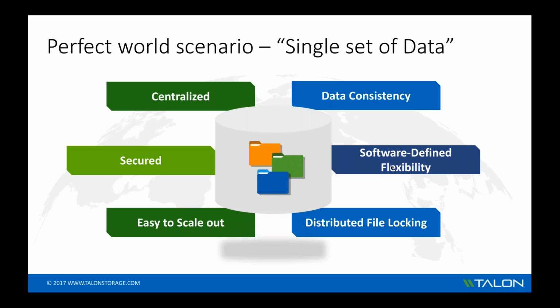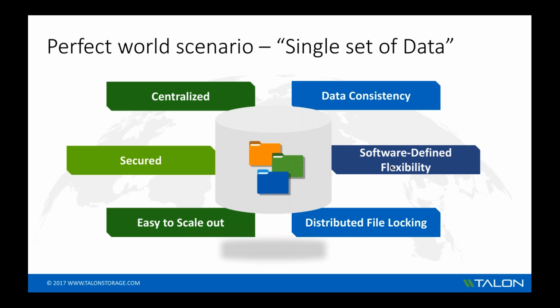A solution that's easy to scale out, whether horizontally, as you're adding offices or merging with companies, or vertically in terms of the amount of storage capacity. You also want data consistency, which means you're always seeing the latest and greatest documents and unstructured data throughout the environment.